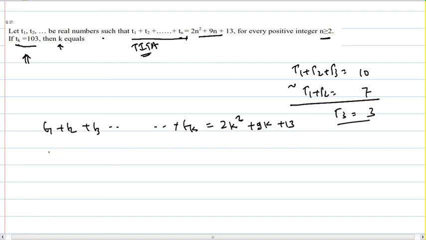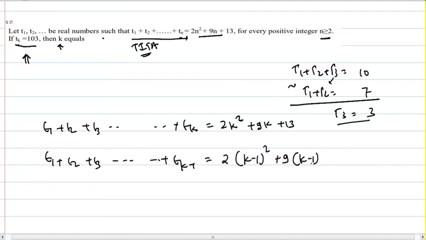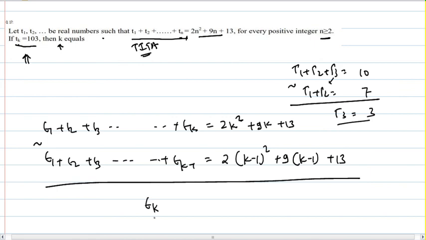But if there was another sequence T1 plus T2 plus T3 up to Tk minus 1, just the previous term, I will have twice of k minus 1 square plus 9 times k minus 1 plus 13. If I subtract both, I will directly get the value of Tk.